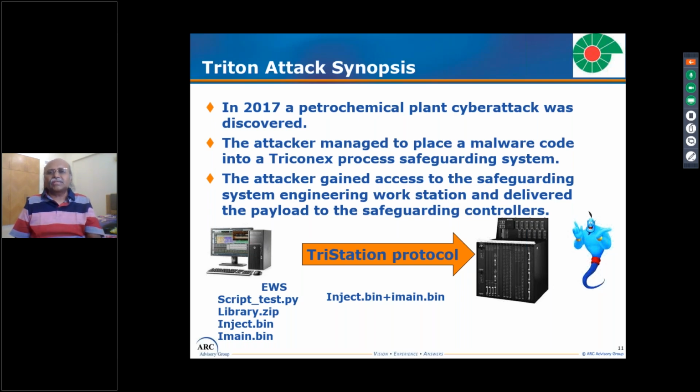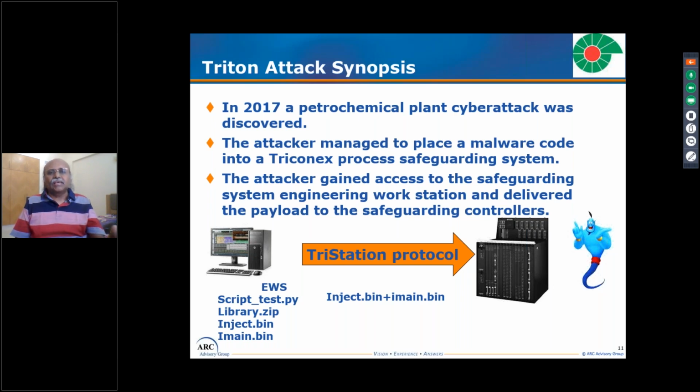So on the right side, what you see are the safeguarding controllers. We call them programmable electronic devices, PLCs, for programmable logic controllers. And on the left side is the engineering workstation. So configuration of those controllers is made from this engineering workstation. So in order to attack the controller and sabotage the plant, the attacker has to get access to the engineering workstation.